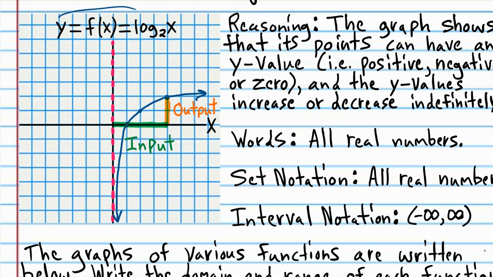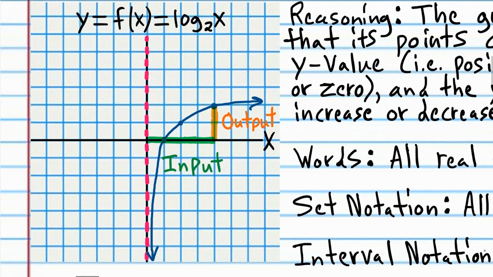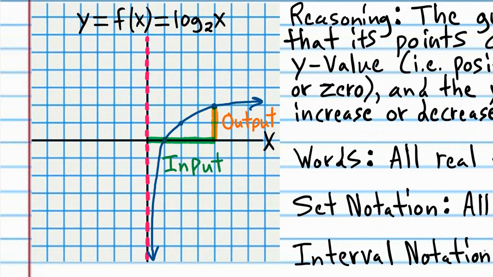So up here, the vertical axis is labeled f of x, but we're also going to call it y. I know that's kind of confusing. The horizontal axis is labeled x, of course. The input of the function is going to be the x value on this graph, the x value of each point, and the output is going to be the y value.